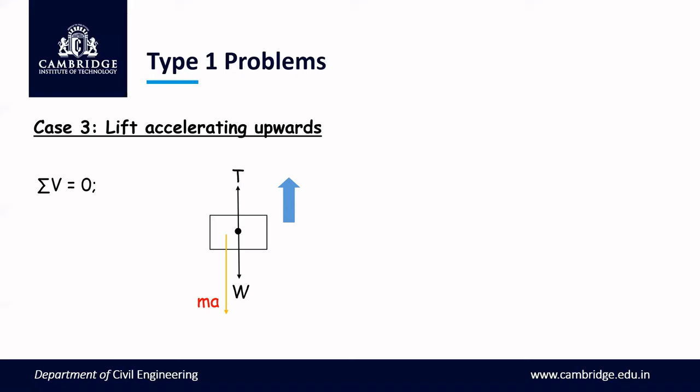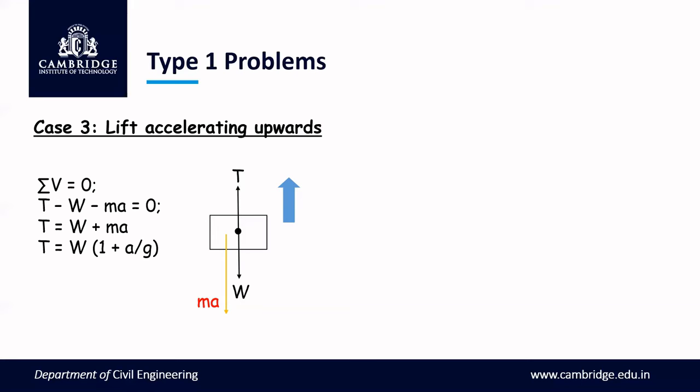So if we consider sigma V is equal to 0, T minus W minus MA is equal to 0 is what we get. If we rewrite that, we get T is equal to W plus MA, or T is equal to W into 1 plus A by G, where the mass is substituted as weight by acceleration due to gravity.